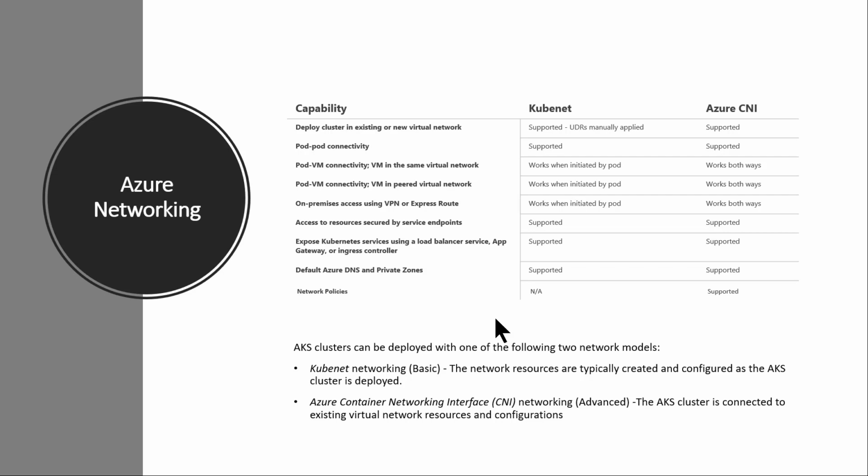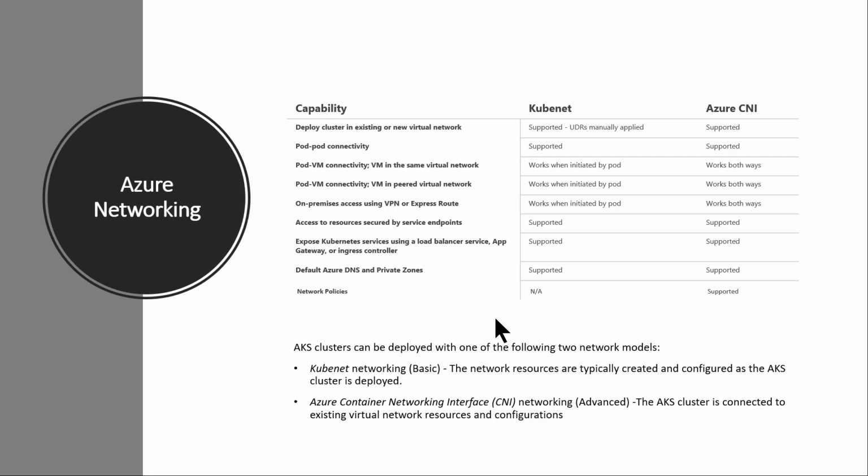Obviously, it has a little bit more complexity because you need to manage three sets of IPs there. For some organizations, it could be very challenging, but the advantages that you get in advanced CNI may force you to choose the CNI option. It depends on you and your organization again.